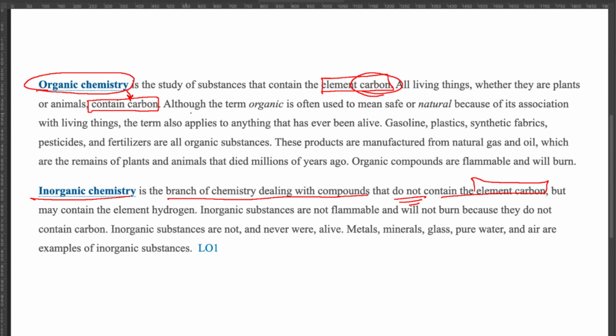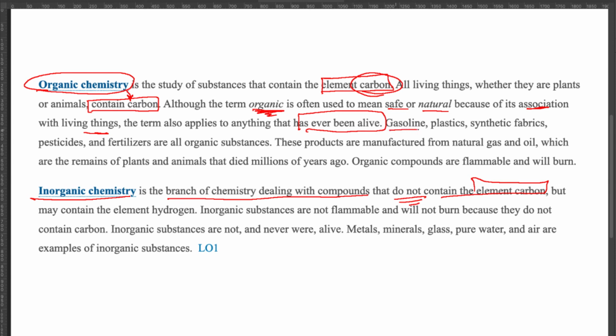Now, although the term organic is often used to mean safe or natural because of its association with living things, the term also applies to anything that has ever been alive. So while we do talk about living things as organic, we are also talking about compounds that we derived from what were once living organisms.